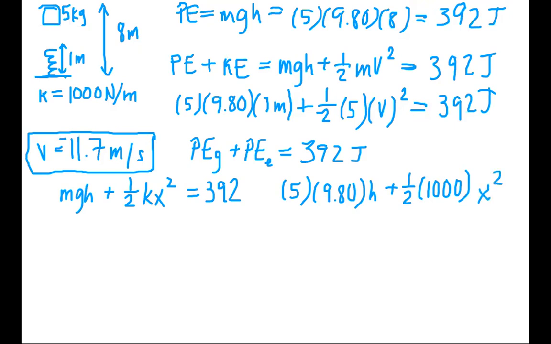So looking at this, I know that whatever height it's at is going to be equal to the natural length of the spring minus how much it's compressed. So I think I can say that h is equal to 1 minus x. So 1 minus the compression.